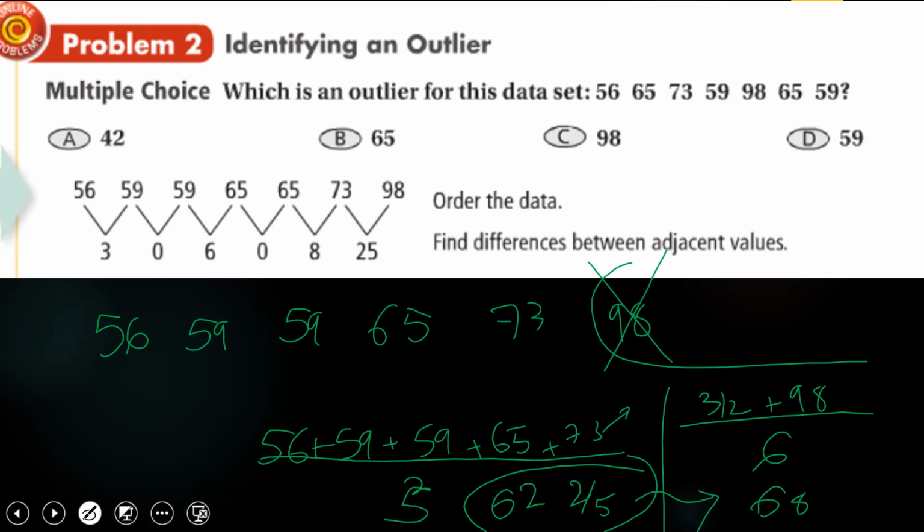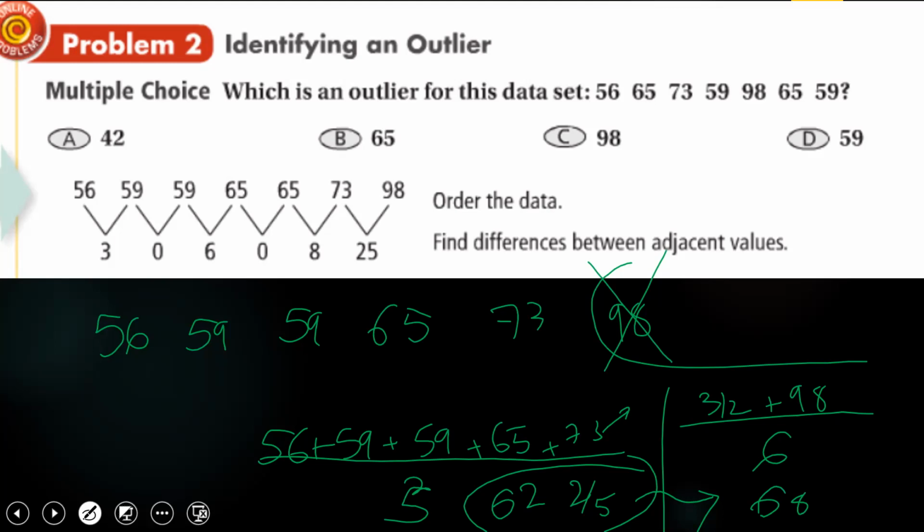Is it clear? Teacher, why did you remove the last number? I said if we want to find the mean without the outlier, how it will be, and with the outlier, how it will be. So with the mean, we remove the last number, and with the outlier, we don't remove it?